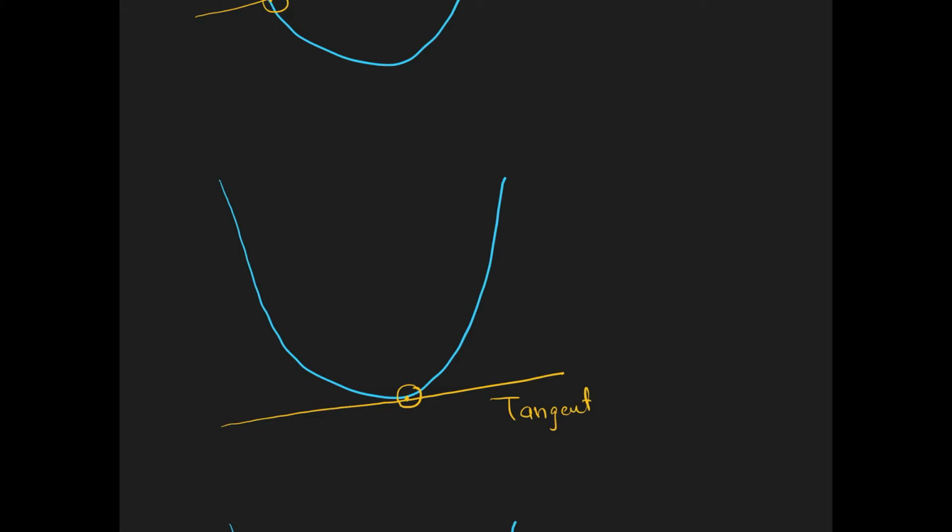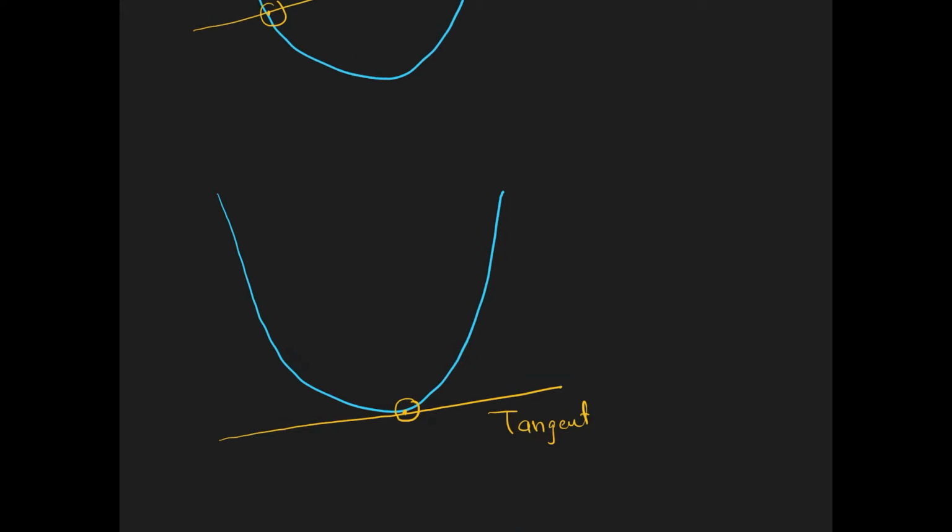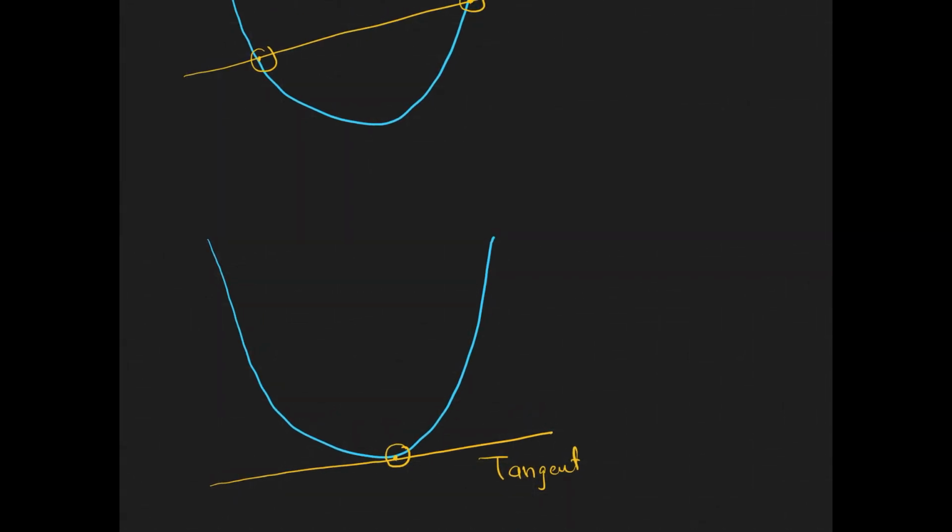And when the line touches the curve at a single point, there is only one root, which is called the repeated root. Or we can also say that we have equal roots.